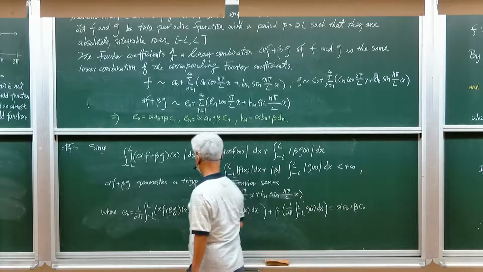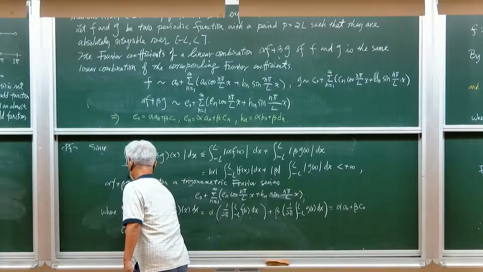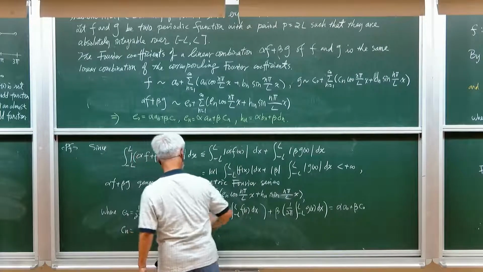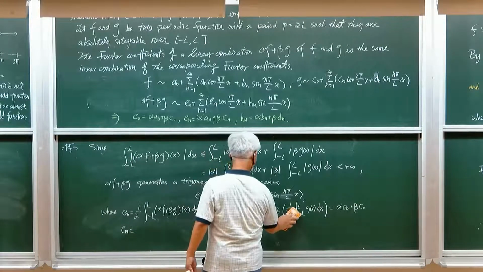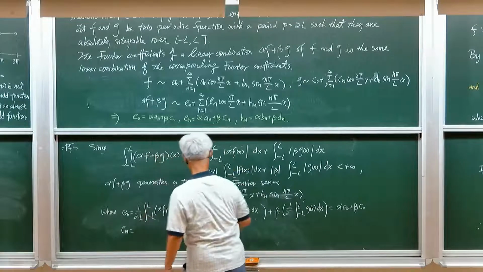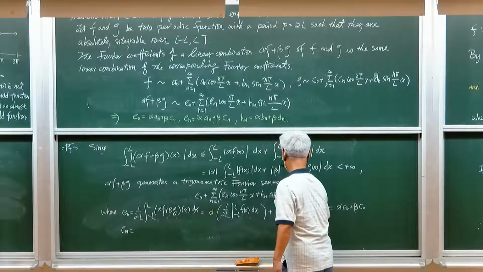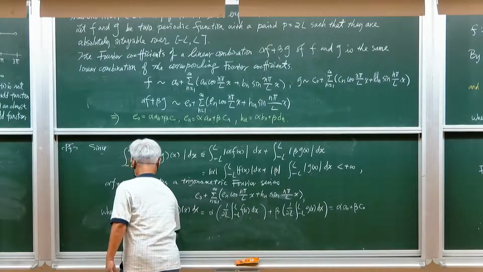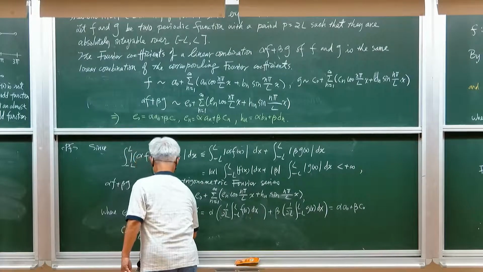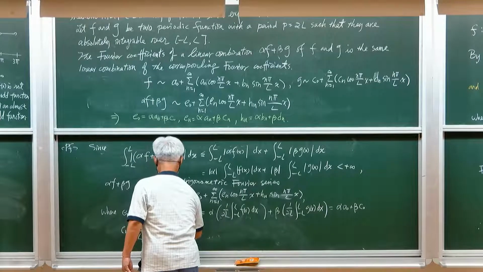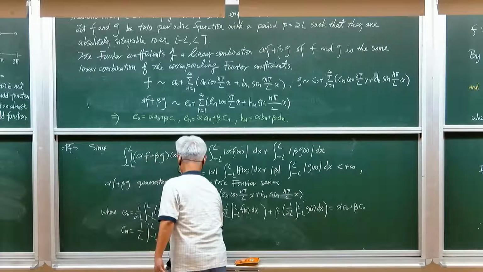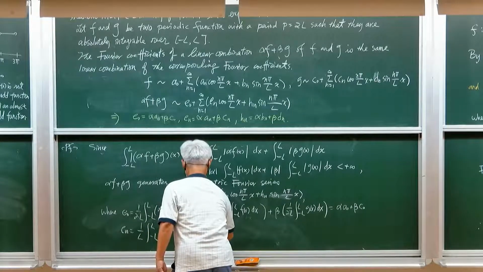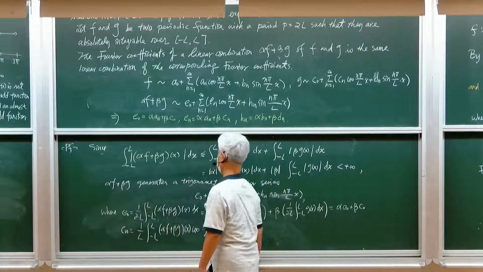And En, I'm sorry, L. Sorry about that. En is 1 over L integral of alpha f plus beta g of x cosine n pi over L x dx.